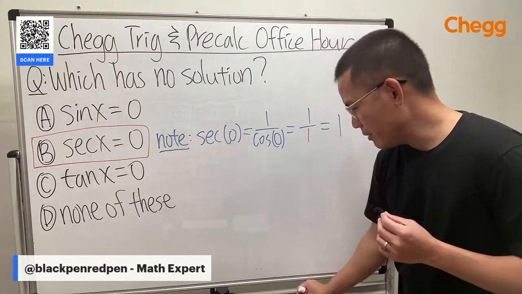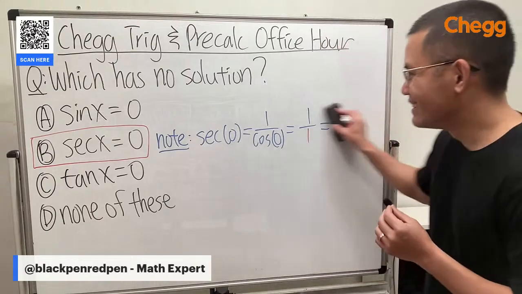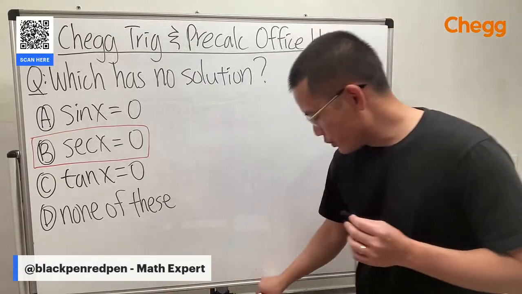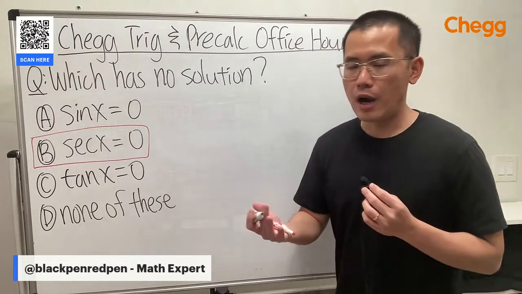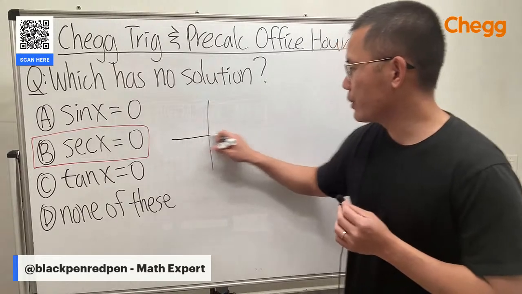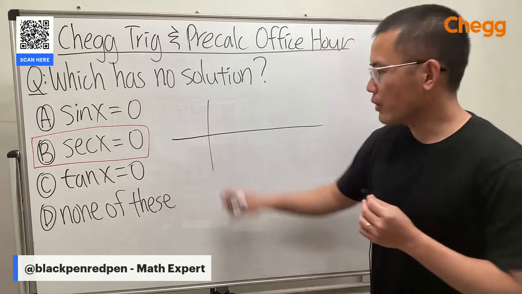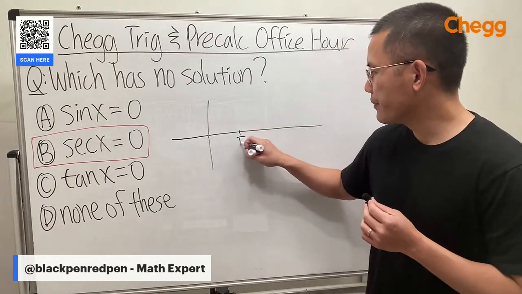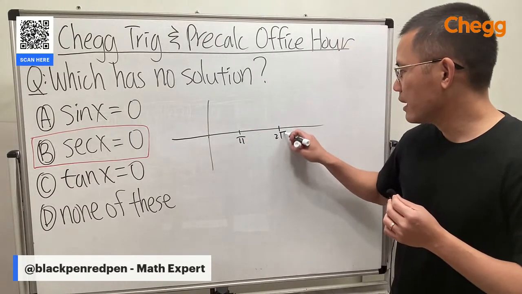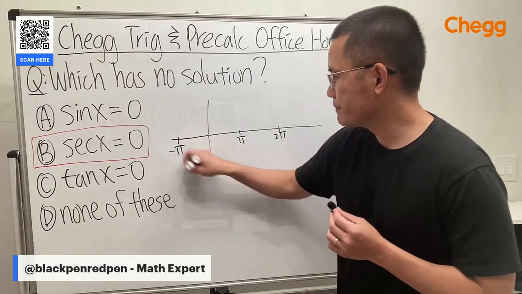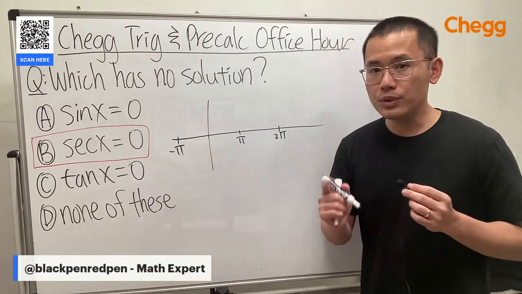So what exactly do we mean though? Let's have a look. I'm just going to use the graph argument. If you look at the secant graph, this is how you can do it real quick. So we have, let's say, 0 here, and then pi here, and then 2 pi here, and so on, so on, so on. And then perhaps also a negative pi here.